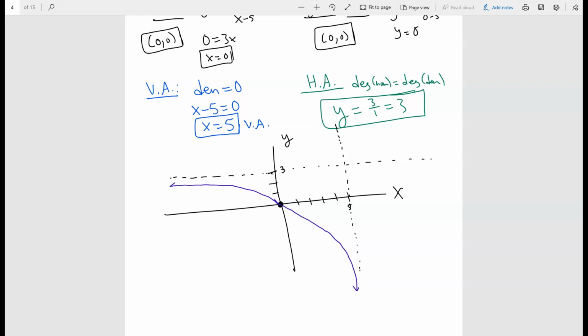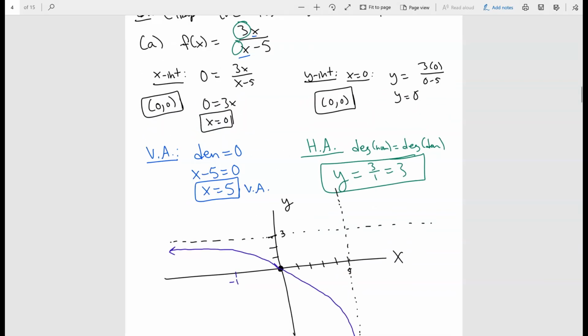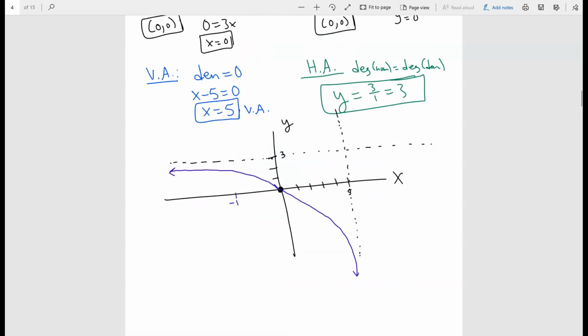One thing that you can do is try to plot another point. If you wanted to plot, for example, -1, you can plug that into the original. So 3 times -1 divided by -1 minus 5. On the top, you're going to get -3. On the bottom, you're going to get -6, which gives me 1/2.